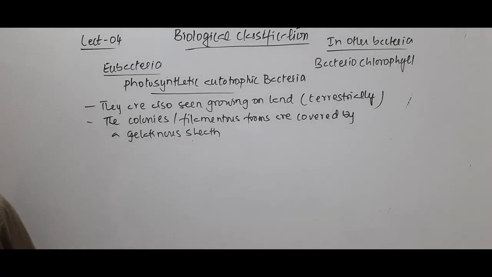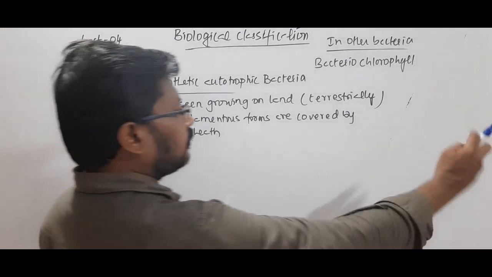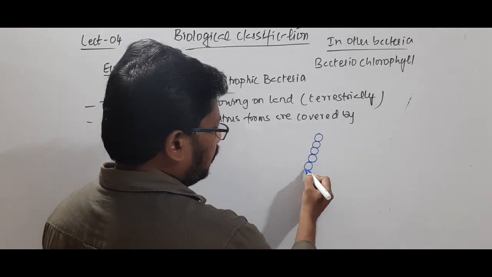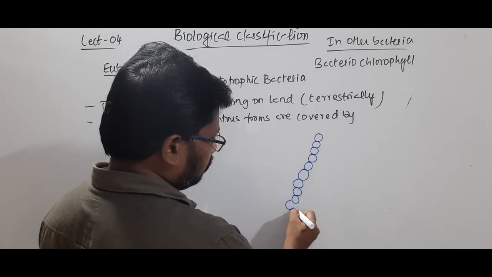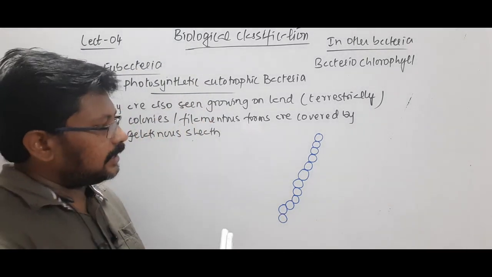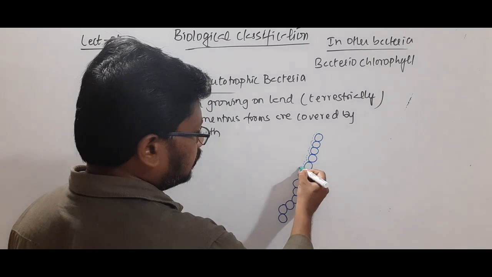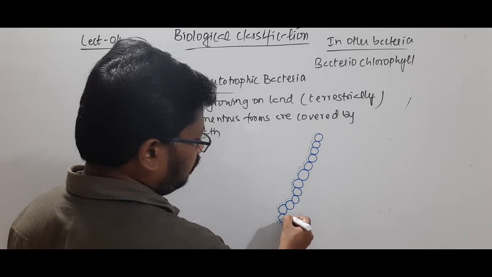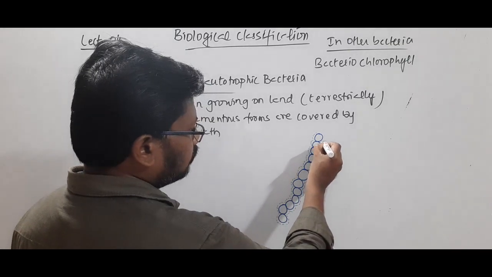See here, Nostoc is a filamentous form, and it is covered by a gelatinous sheath, which helps in not drying quickly, so it retains water.